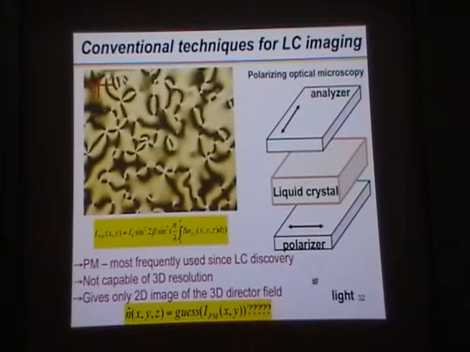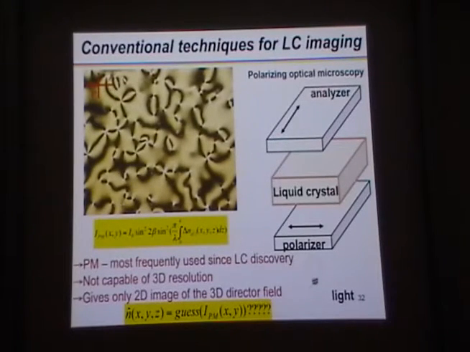So you apparently can calculate the intensity as a function of orientation of the director, right? So the angle that the optical axis makes with respect to the polarizer in such a cross-polarizers scenario.